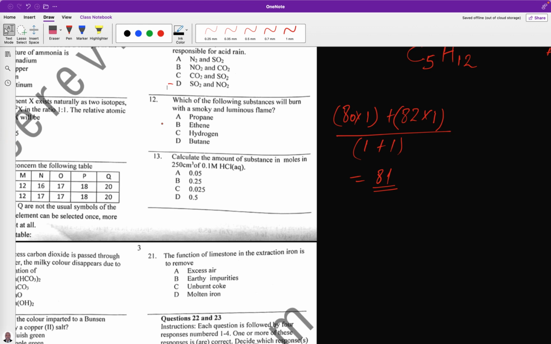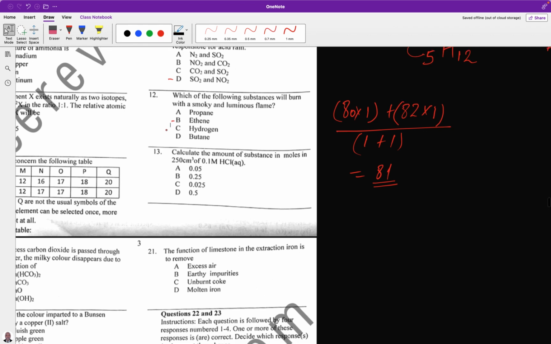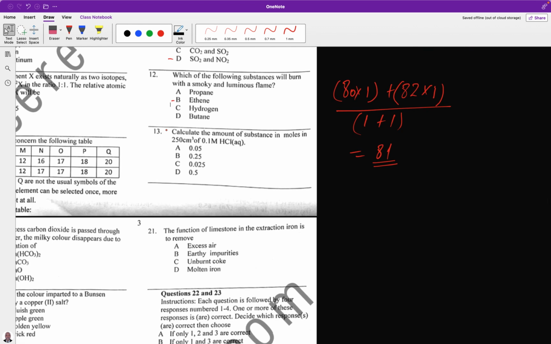B, ethene. Ethene is an unsaturated hydrocarbon. C, hydrogen. D, butane. So B, ethene, is the right answer. Ethene burns with a smoky and luminous flame.